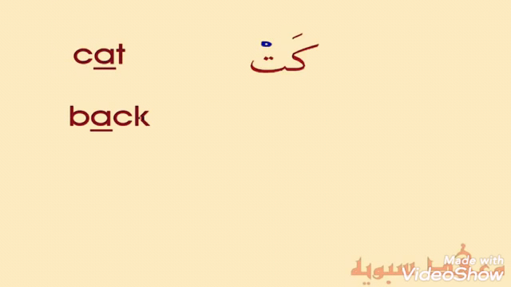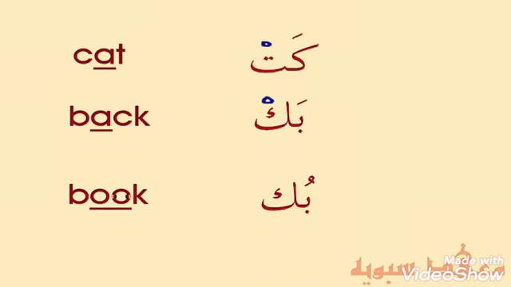Similarly, the word back. There's a sukoon there as well. And we have the word book. Same thing, there's a sukoon there. I also want to mention, here the sentence reads خرج الرجل من البيت, and you stop there.